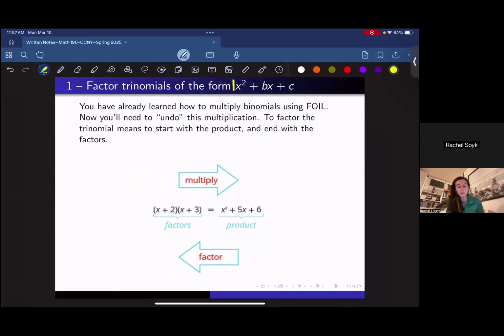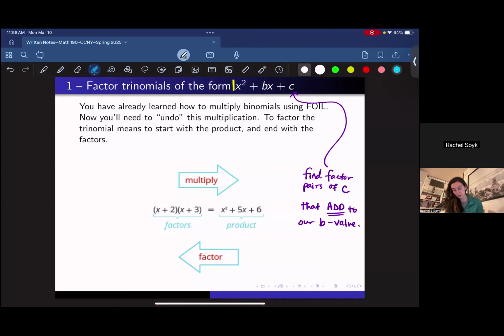All we need to know is we have to find factor pairs of c that add to our b value.